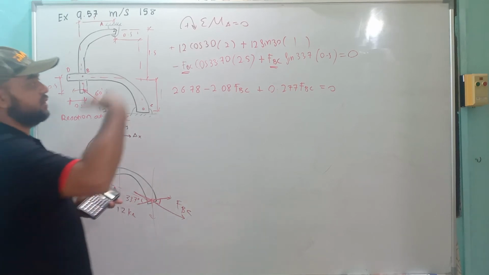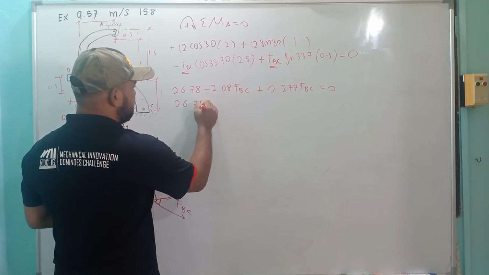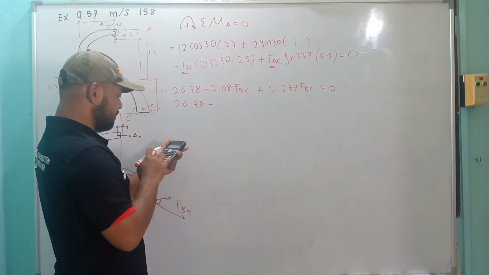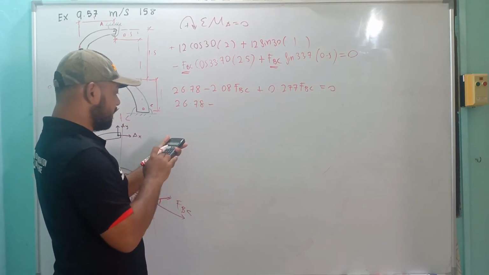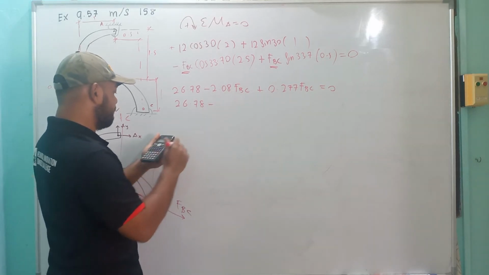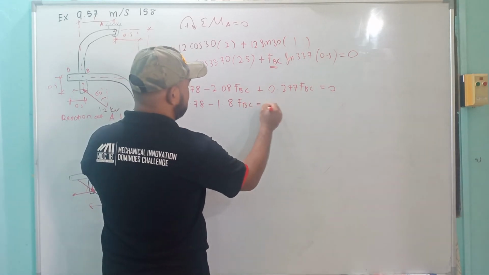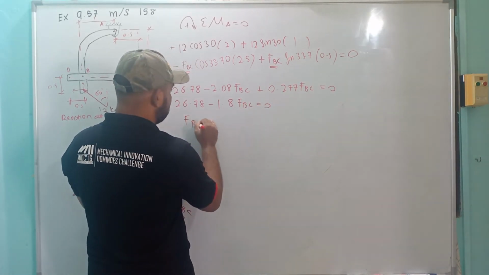Putting it the other way, 26.78 minus 1.8 FBC equal to 0.